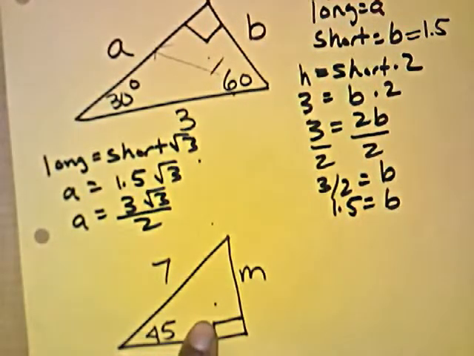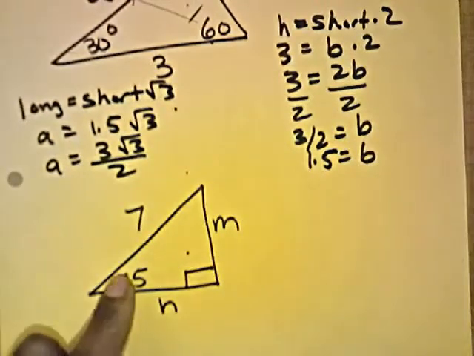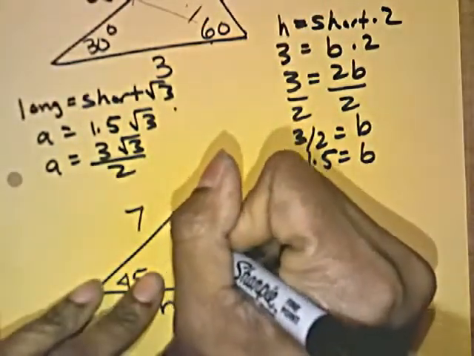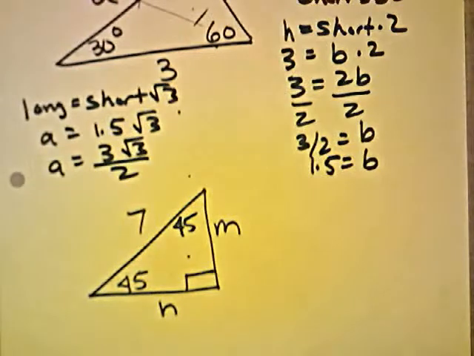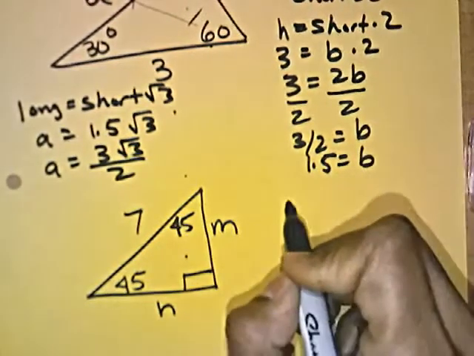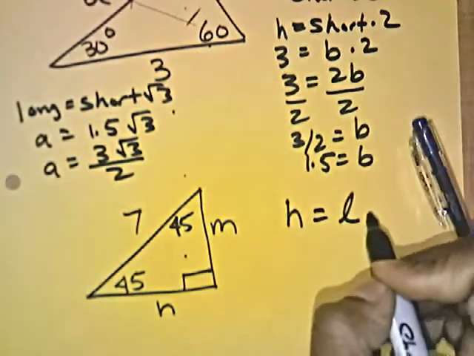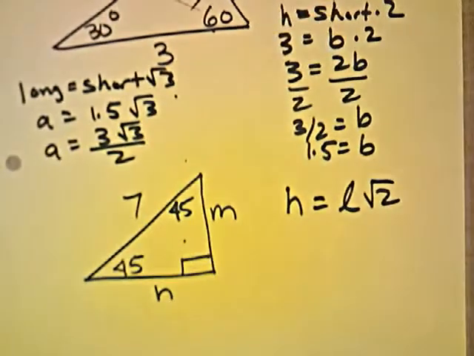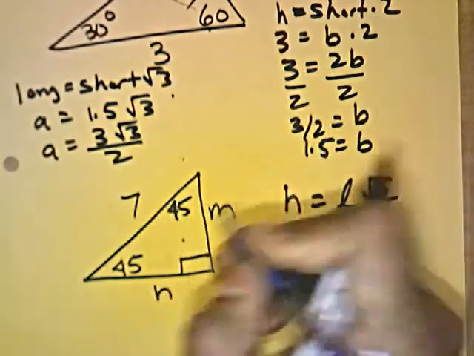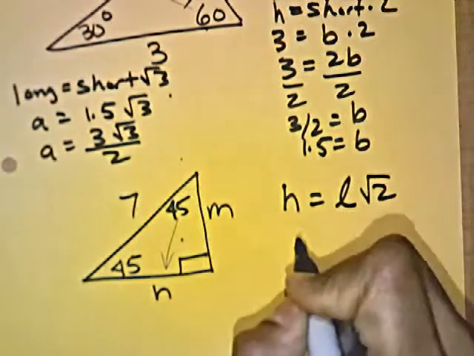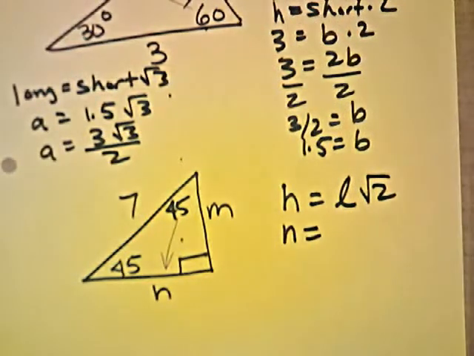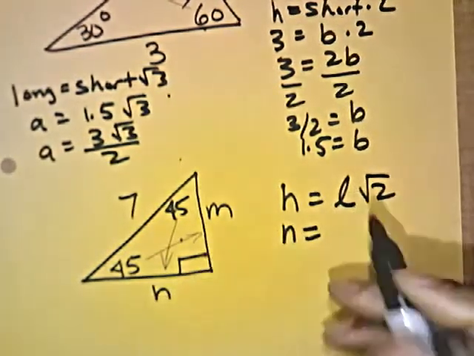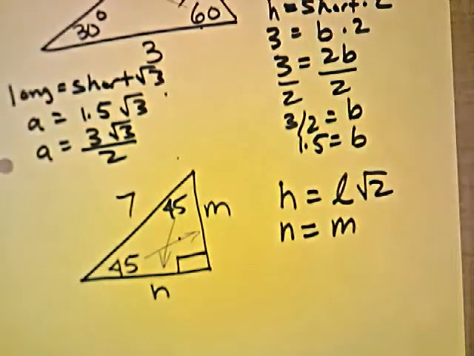Let's look at this one. What kind of triangle is it? 45, 90, 45. I know that I have to use this formula. Okay? I also know that N is going to equal M. Okay?